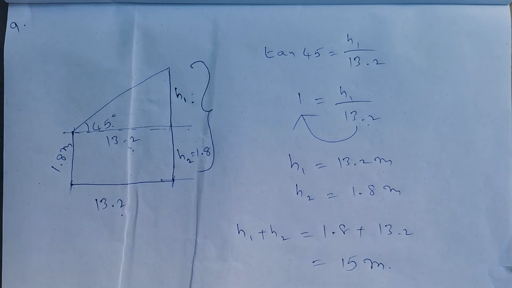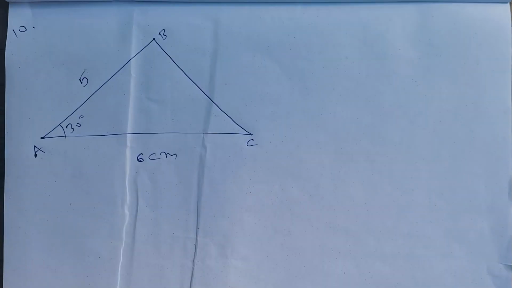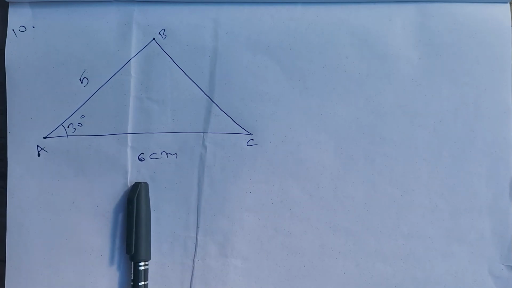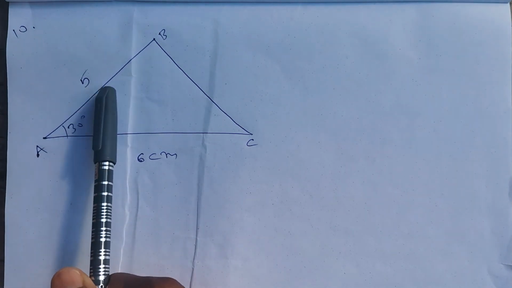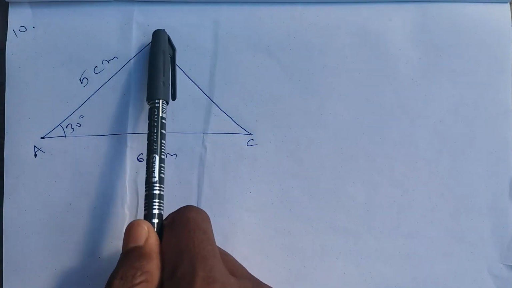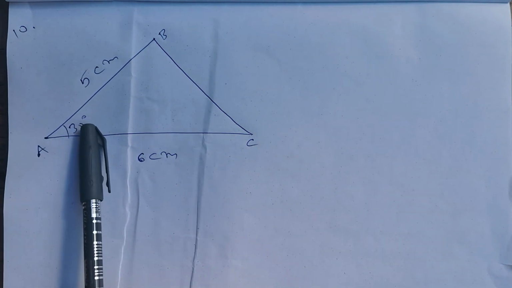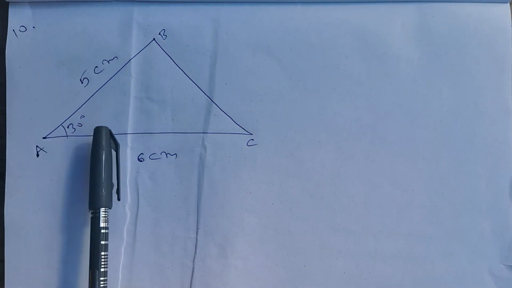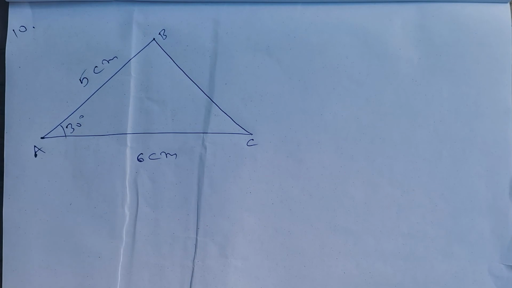Okay, now let us discuss the last question in this exercise. Okay, the given question is, in the figure AC is equal to 6 centimeters and AB is equal to 5 centimeters and angle BAC is equal to 30 degrees, then find the area of the triangle.